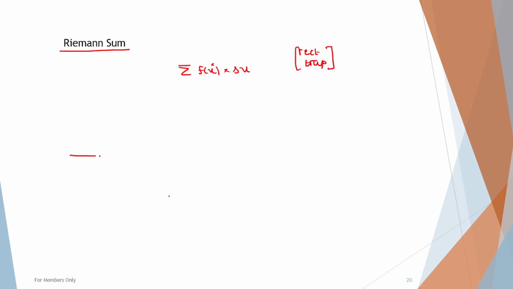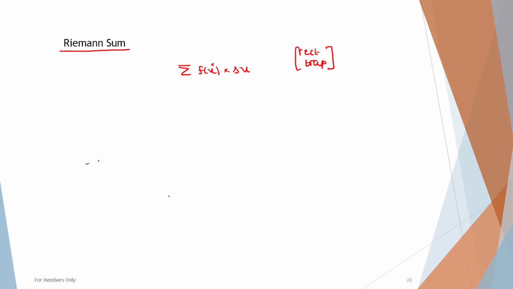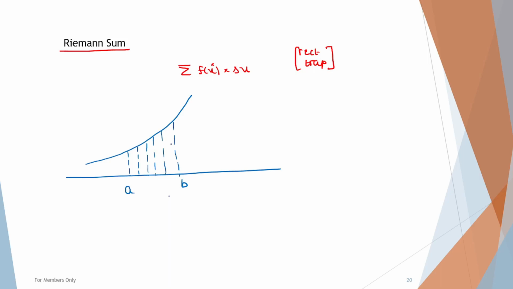Let us suppose any curve is like this, and now we want to compute the area between A to B. Either we can distribute it in the form of triangles or rectangles in many intervals, and then we can compute.